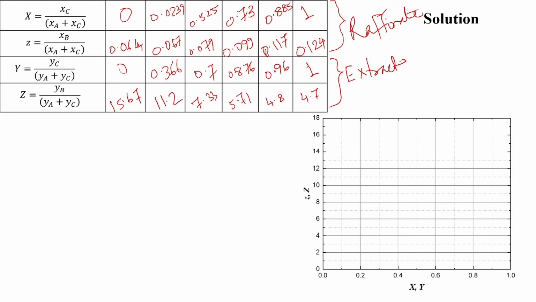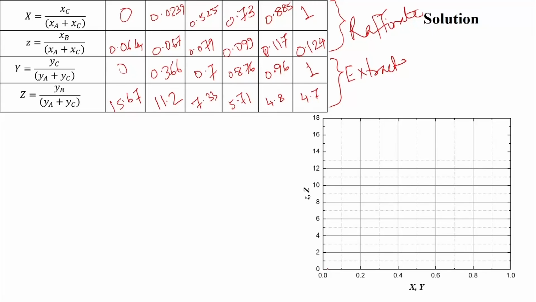So, now we will be plotting all these on the x, y versus z plot. For the first point, whenever we have x equal to 0, the small z will be like here. So, this is the first point.